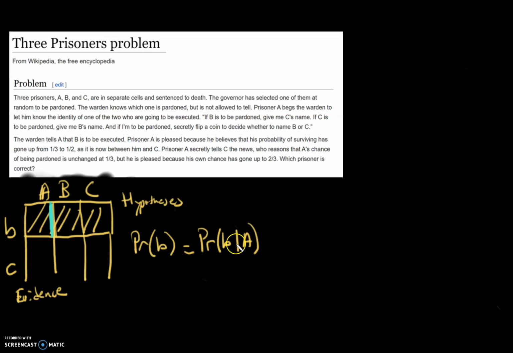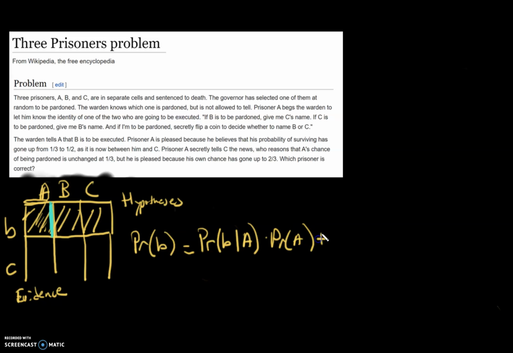This line right here means given, and given means that we are either assuming or we know this thing to be true. In this case, we're just assuming that A would be pardoned. And this line segment, well, that's just the probability that A will be pardoned. So these 2 terms make up this area right here.